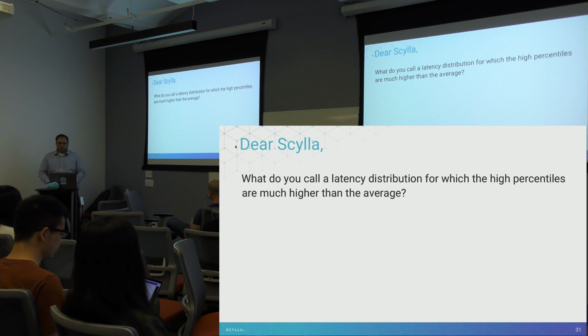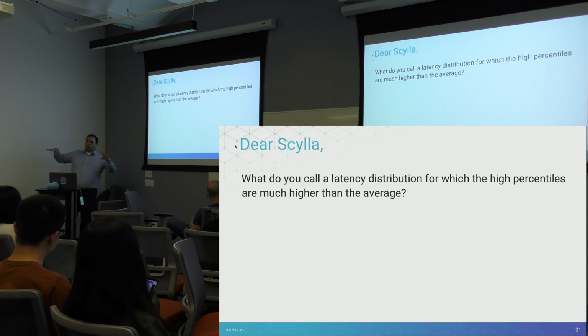If I can get one message through today, it is this: what is the name of the distribution for which the high percentile latencies are much higher than the average? Anybody knows? It's not the Gaussian distribution.